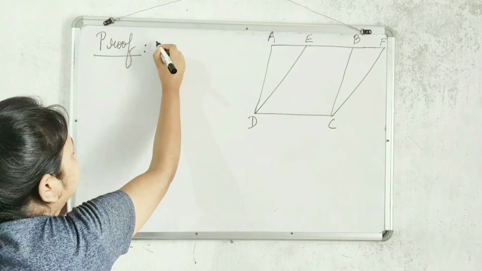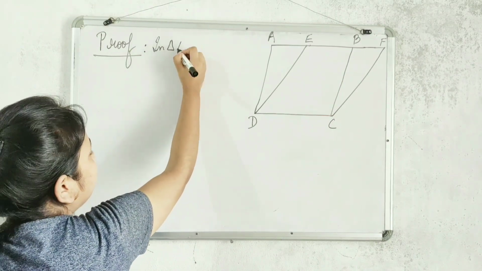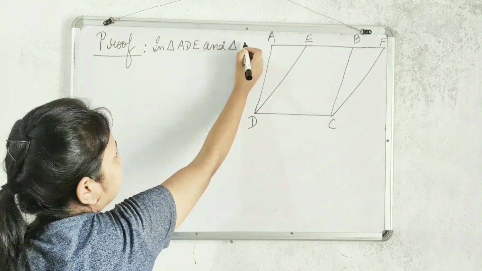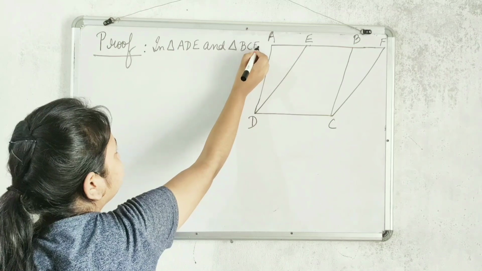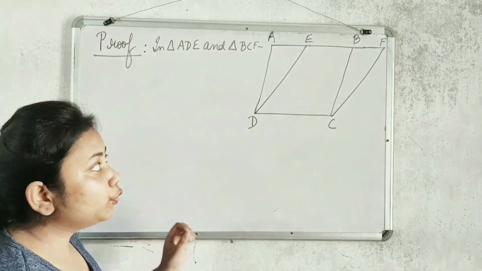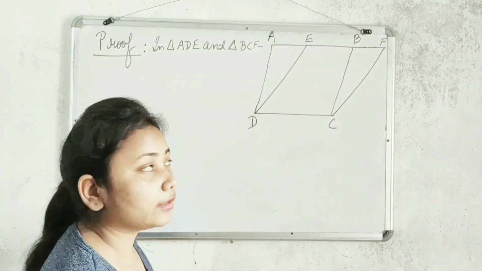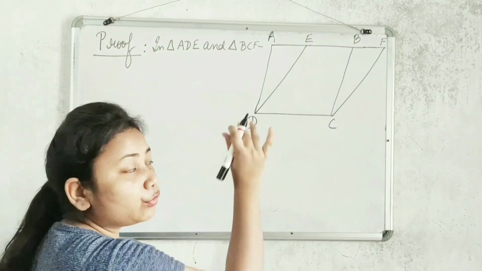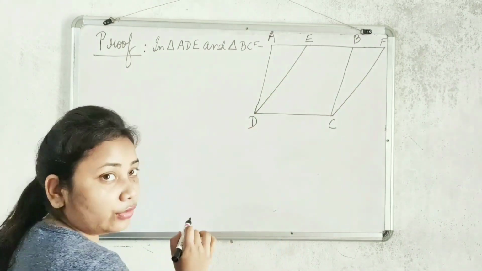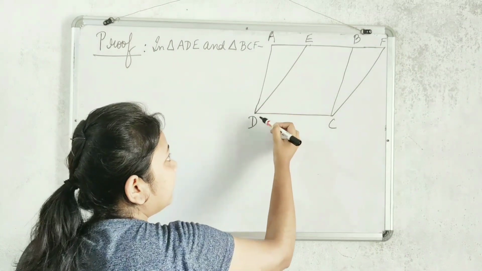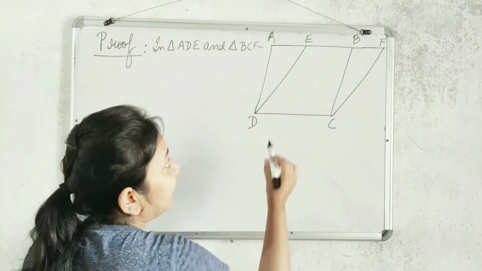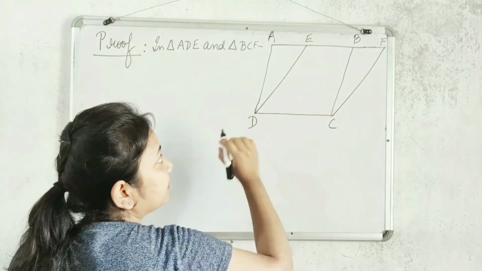So we will write in triangle ADE and triangle BCF. We need three conditions to prove that the two triangles are congruent. First condition: since ABCD is a parallelogram, AD and BC are two parallel lines and AF is the transversal.